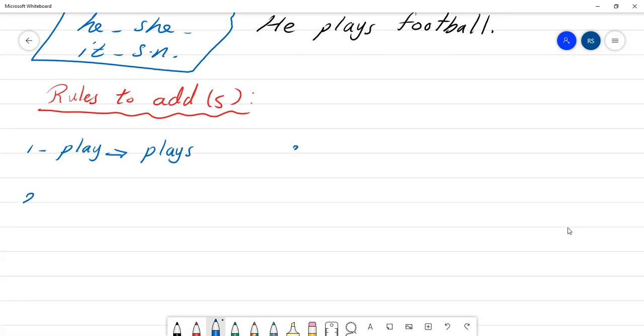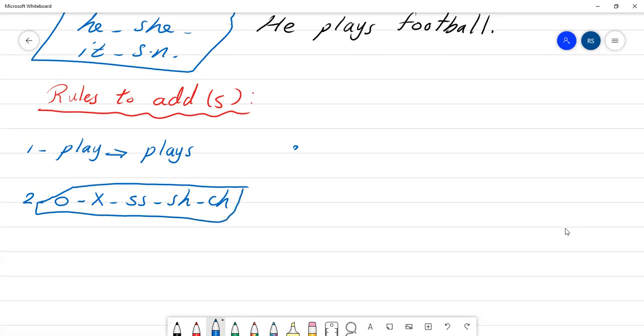Number two, if the verb ends with o, x, ss, sh, ch, we add es, like go, goes.